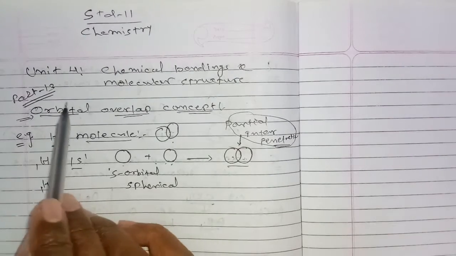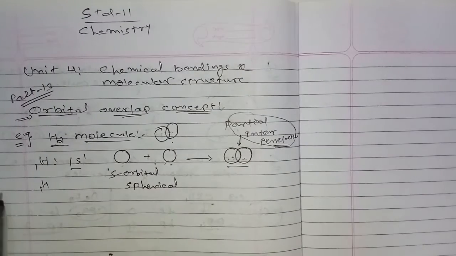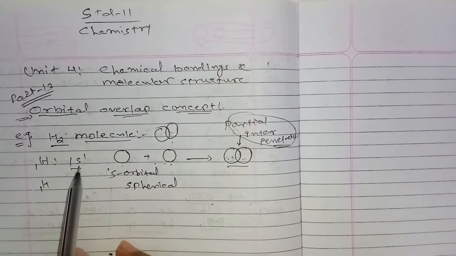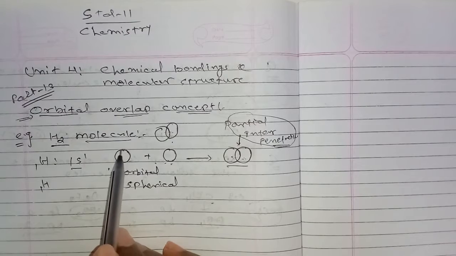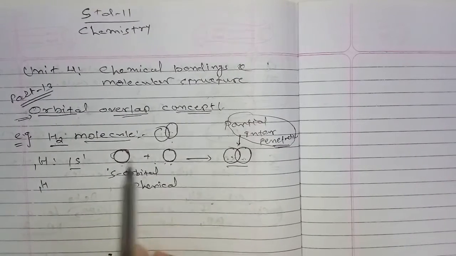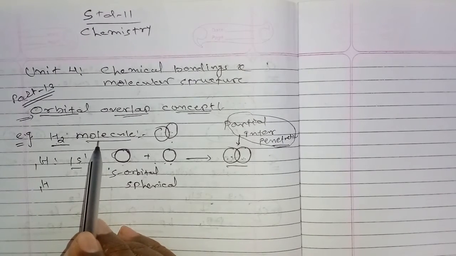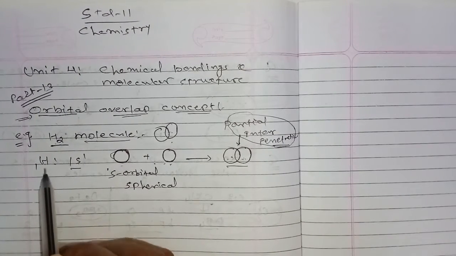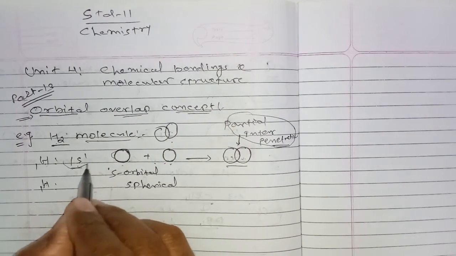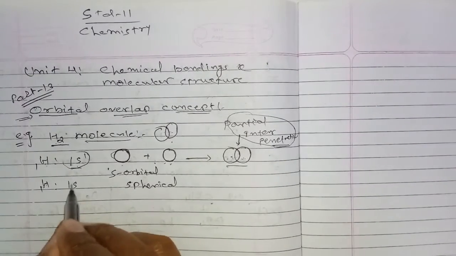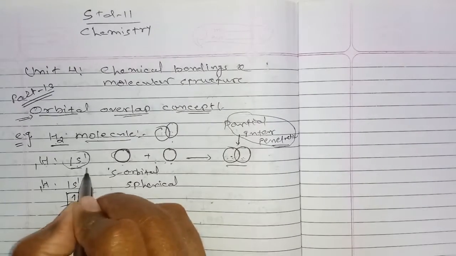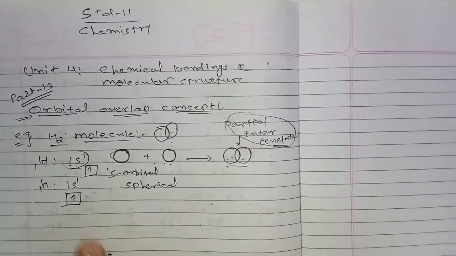As we have already discussed about the shape of orbitals, the s orbital has a spherical shape. Here, the hydrogen molecule is formed by two hydrogen atoms. Its electronic configuration is 1s1, so in the 1s1 orbital there is an unpaired electron.